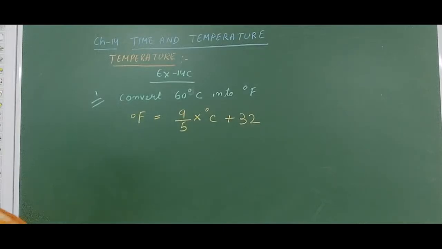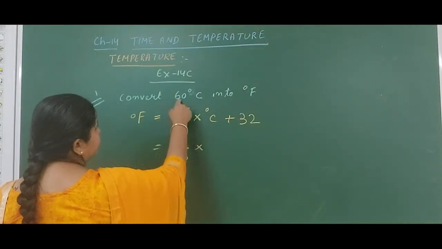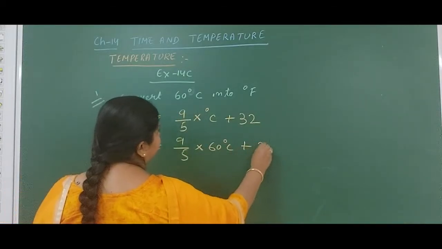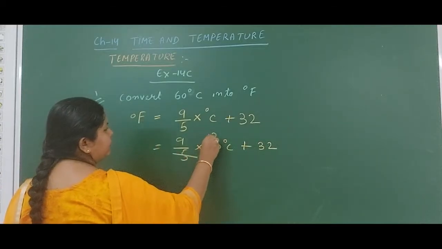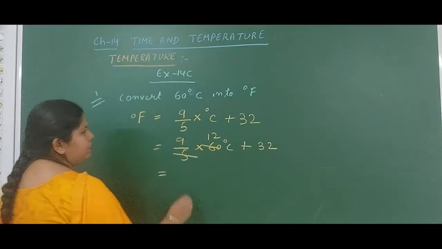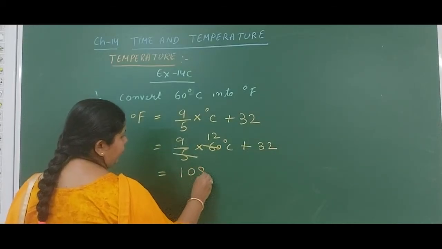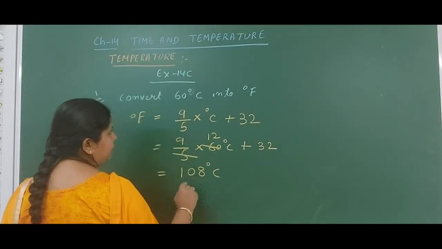First we multiply 9 by 5 into 60, then add 32. 5 twelves are 60, so that cuts, and 12 nines are 108.